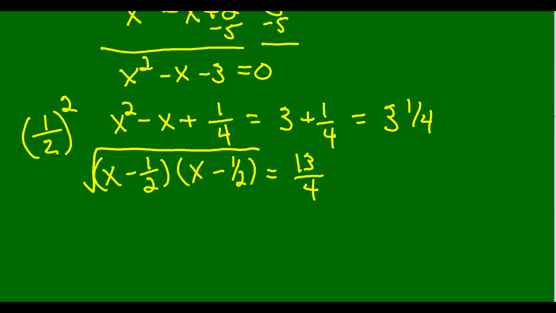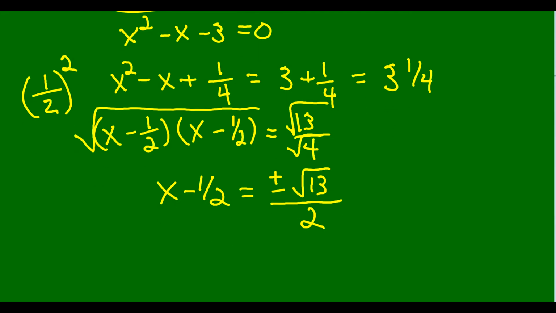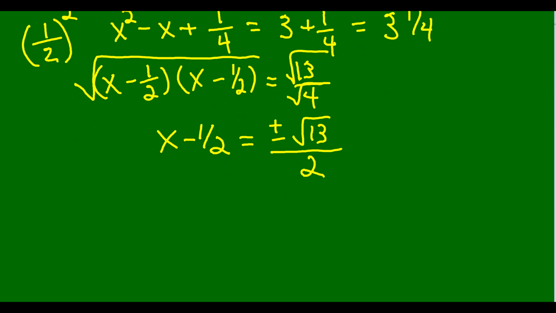Now at this point, I'm going to take the square root of both sides. Remember, I do these separately. And then I've got my left side is going to be x minus 1/2. That equals plus and minus the square root of 13 over the square root of 4, which is 2. Need a little more room because I'm almost done.